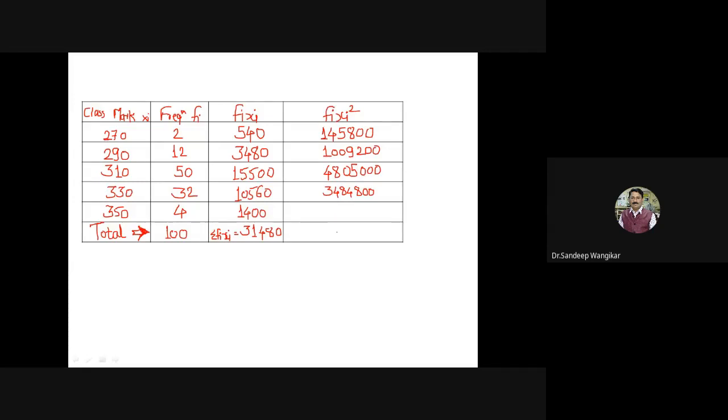Anyone? So it is 1 2 3 4 and so on. Now if I go for addition of these 5, I will get summation fi xi square, so that I can substitute in the formula. So calculate summation fi xi square.